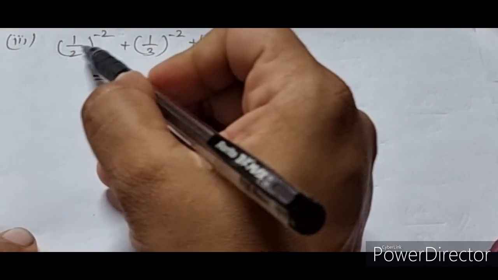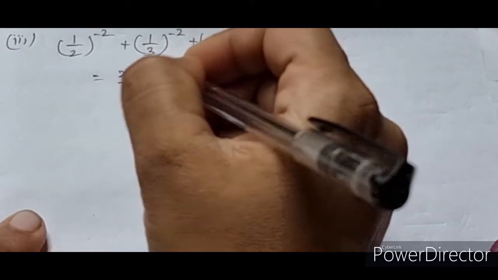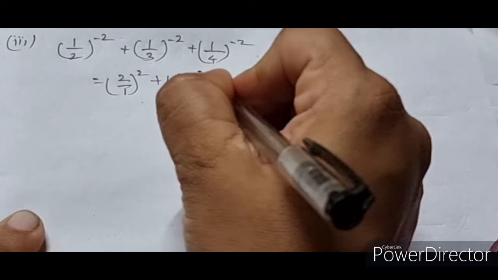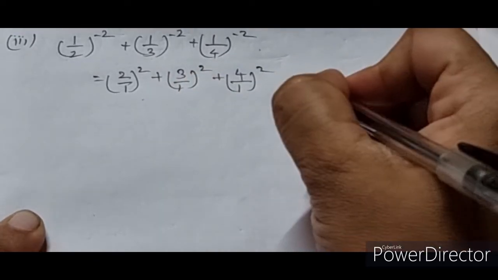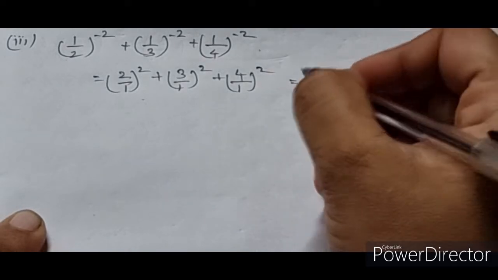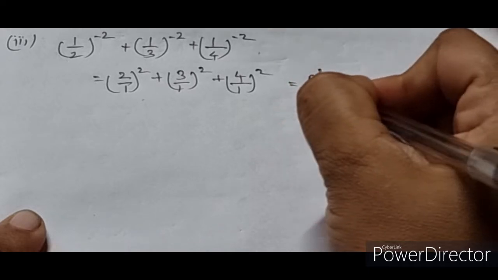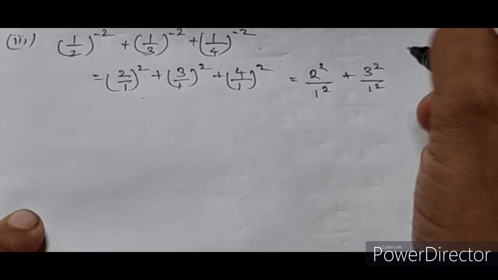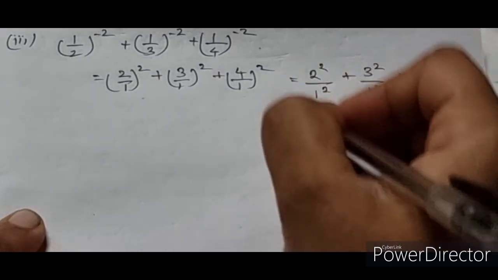So reciprocal of 1 by 2 is 2 by 1, to the whole power 2, plus 3 by 1 to the whole power 2, plus 4 by 1 to the whole power 2, which is nothing but 2 power 2 divided by 1 power 2 plus 3 power 2 divided by 1 power 2 plus 4 power 2 divided by 1 power 2.